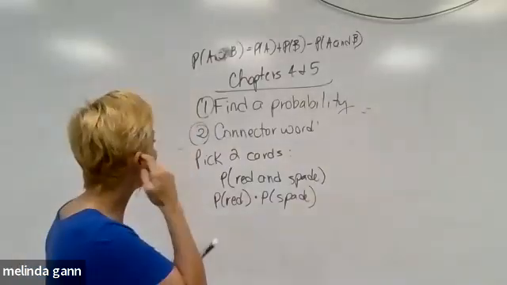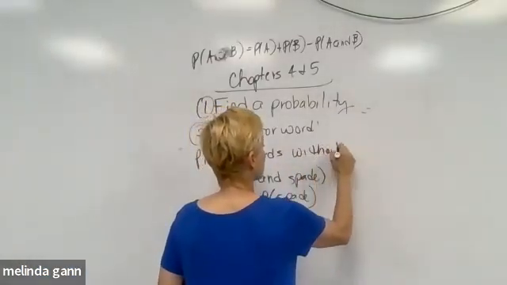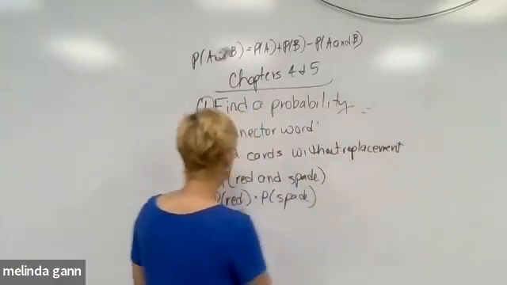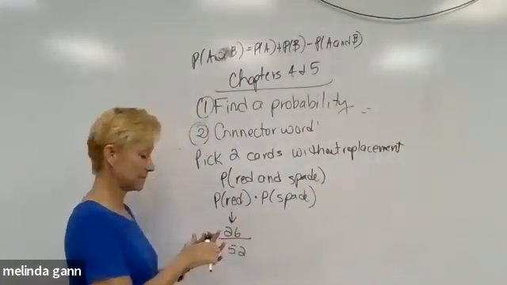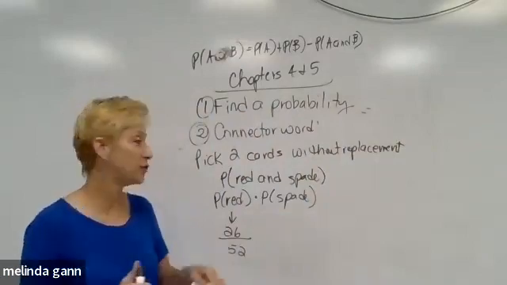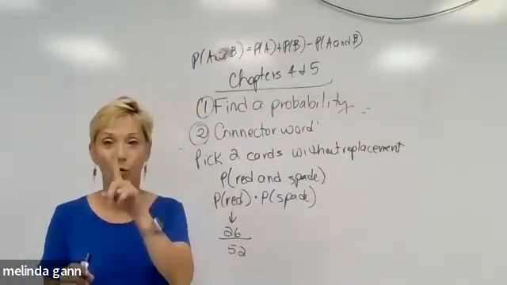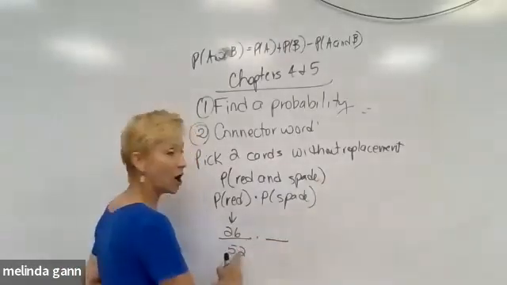Okay? So if I were doing this without replacement, well, my chance of getting red, my total is 52. Of those, there are 26. So remember what it says in the video, you've got to assume this has happened. So do we understand that I have picked 1 card and I'm assuming it's what? Good. It's red. So I'm keeping it. So when I go back in, what's my total? 51.